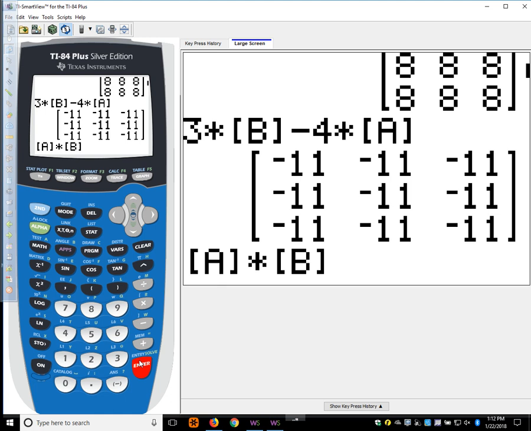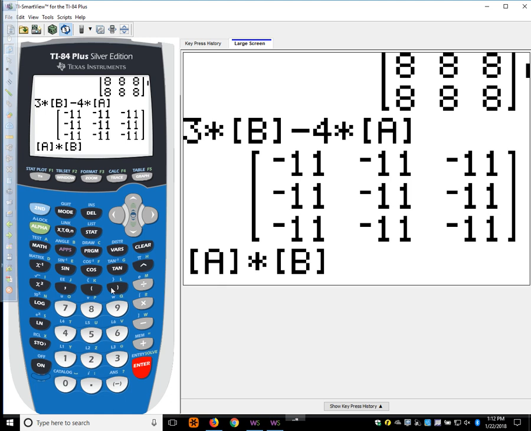And here, if I did B times A, I would get the same thing because they're all full of the same numbers. Wait, why is it 45? Because you're adding 5 times 3 plus 5 times 3 plus 5 times 3 for each element.